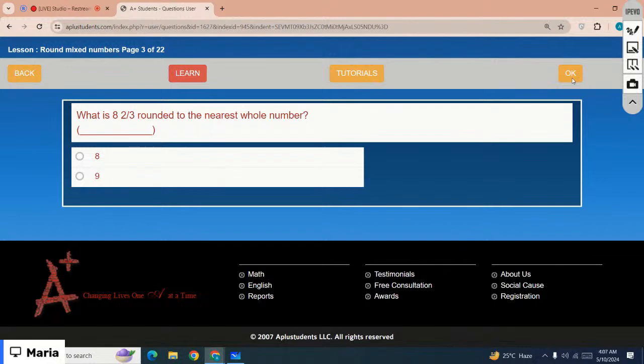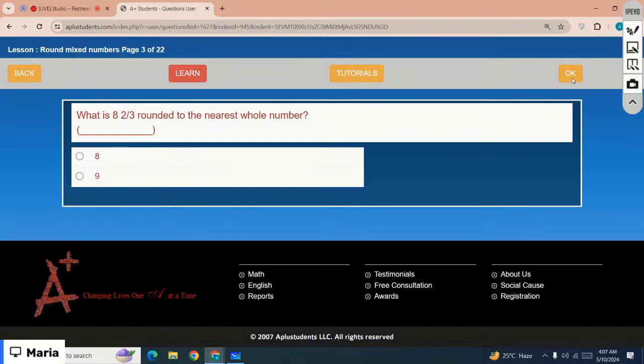What is 8 whole 2 by 3 rounded to the nearest whole number? So, which is the correct option? The fraction part is 2 by 3, right? And 2 by 3 is greater than half.